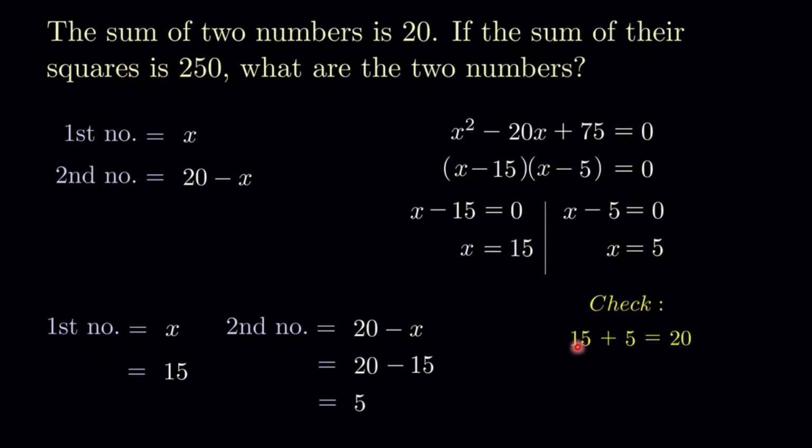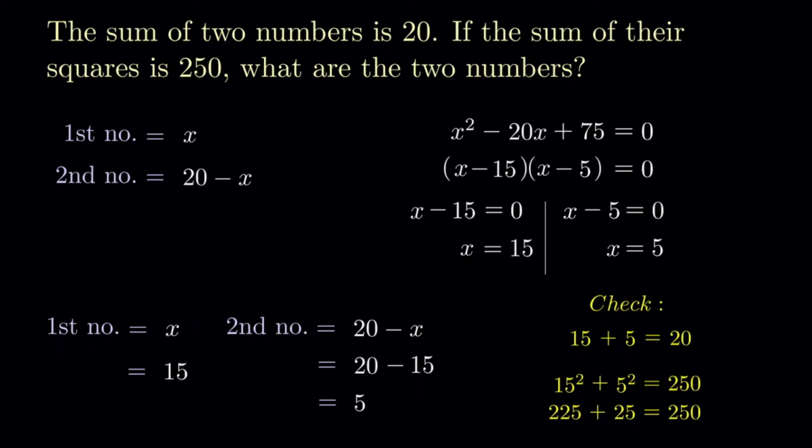So yung square natin yung 15 plus square natin yung 5, mag-i-equal kaya yan sa 250? So 15 squared or 15 times 15 is 225 plus 5 squared is 25. So that is equal to 250.